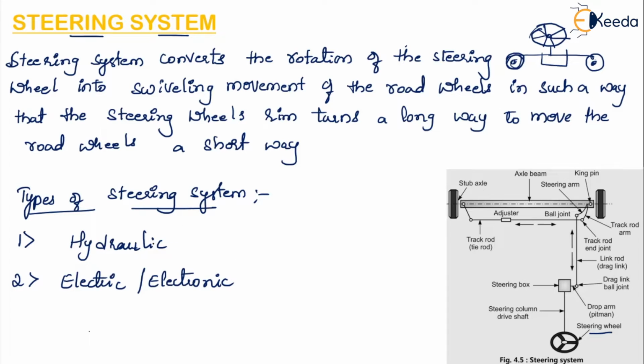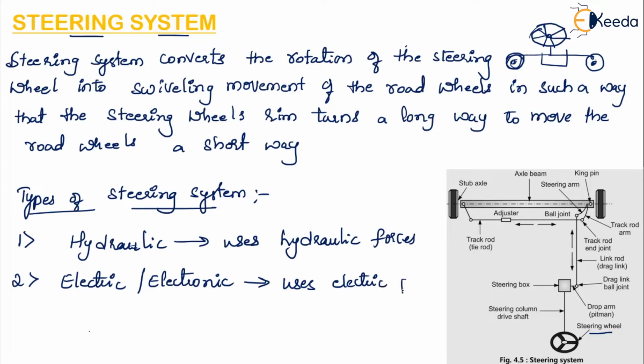Here, as the name indicates, the hydraulic steering system uses hydraulic power to multiply the force which is applied on the steering wheel inputs to the vehicle's steered wheels, that is usually the front road wheels. The electric type uses electric power for the steering.